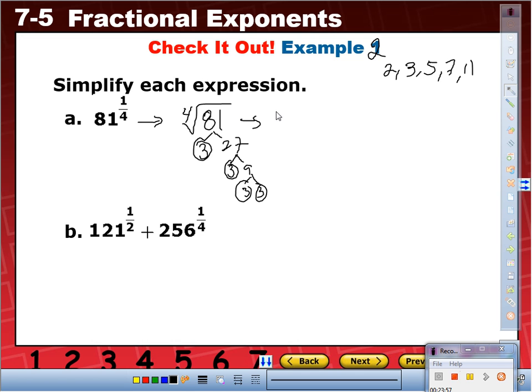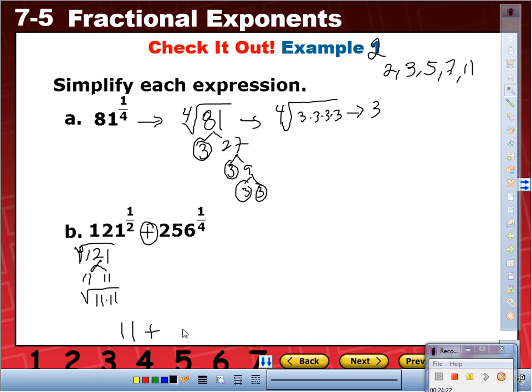So this becomes 4th root of 3 times 3 times 3 times 3, which is 3. Okay? This one. Square root of 121. Which one of those fits in there? 11. This is 11 times 11, so therefore this is square root of 11 times 11, which is 11.